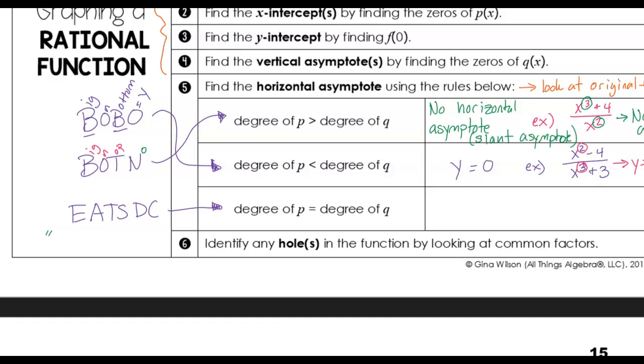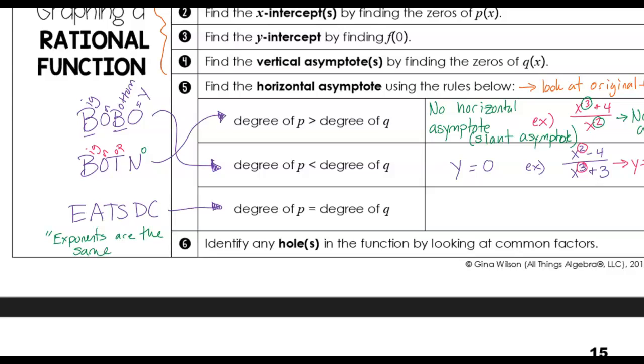Yes, exponent. What about the exponent? So far we've gone over bigger exponent on top, bigger exponent on bottom. What haven't we gone over yet? Yes, Lauren. Or the same.